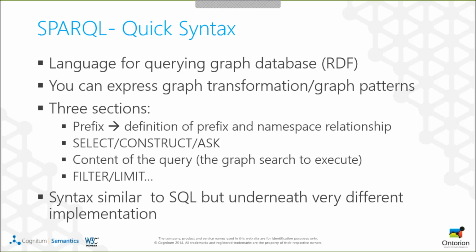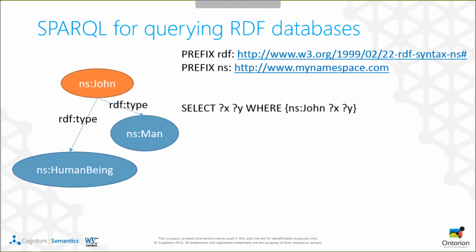Then I want now just to give you a quick example of what it means to do a SPARQL query. Let's start by taking the fact that we want to make a query in which we define the prefixes. So this is the actual SPARQL query.